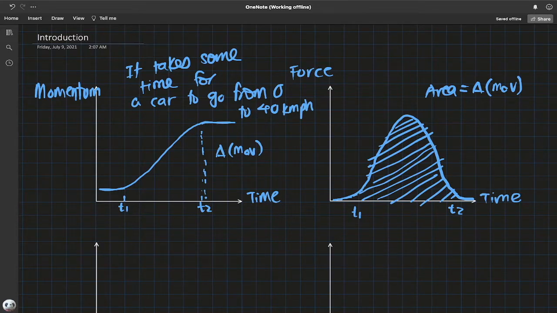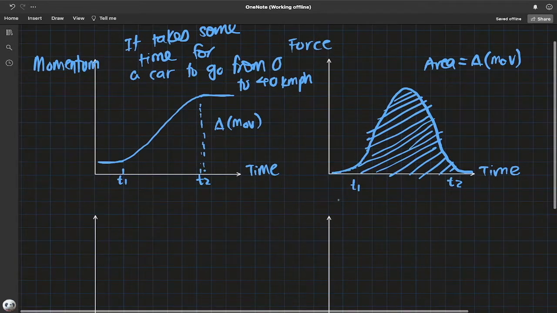We're going to require some finite amount of time. The impulse is basically this change in momentum, the delta m naught v value, which is just the area under this curve in the second graph.